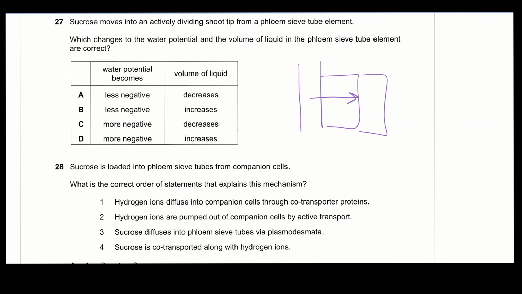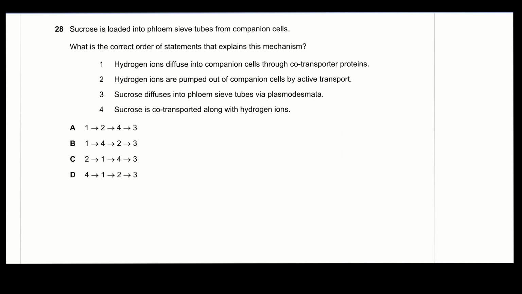Therefore, the water potential is going to become less negative because sucrose moved out. And the volume of liquid, if the sucrose moved out of the phloem sieve tube elements, it's normal for some water to also go out with it, so the volume of water decreases. Therefore, A is correct.